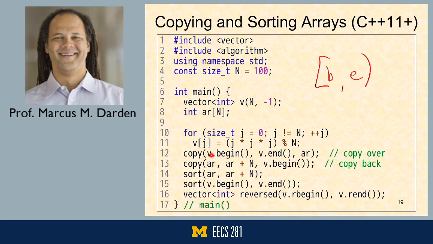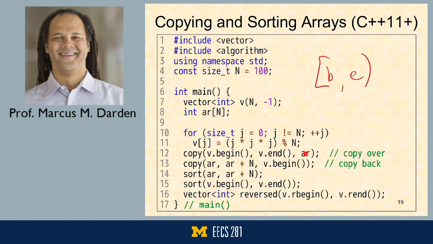So as I copy from V over to R, you say, wait a minute, that's an STL function that is being used on a vector and a C-style array? Yes, we can do that because the C-style array, we know that is really just a pointer.